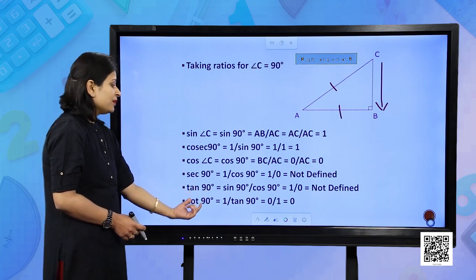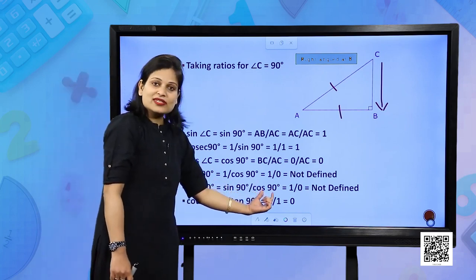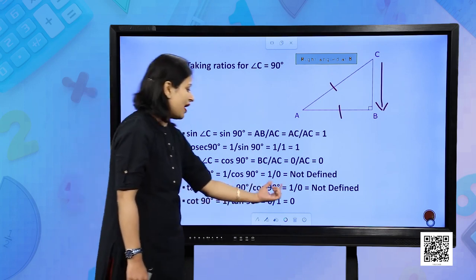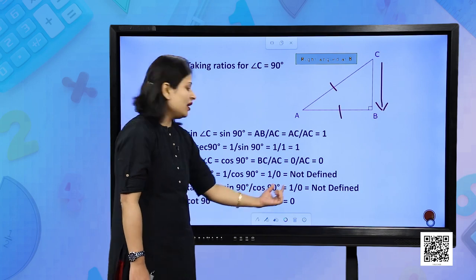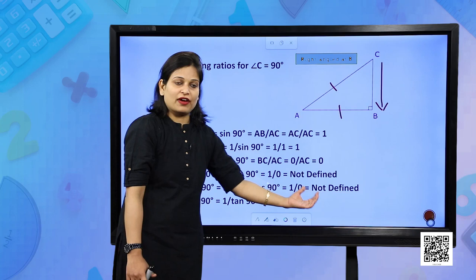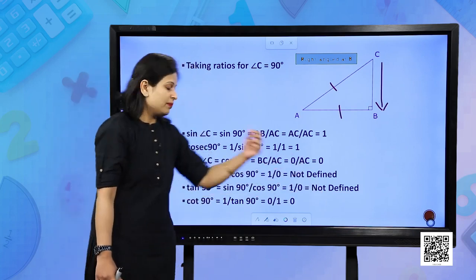Tan 90 degree, you can write sin 90 degree upon cos 90 degree. As you know, the value of sin 90 degree is 1 and cos 90 degree is 0. So, 1 upon 0 is again not defined. So, the value of tan 90 degree is not defined.